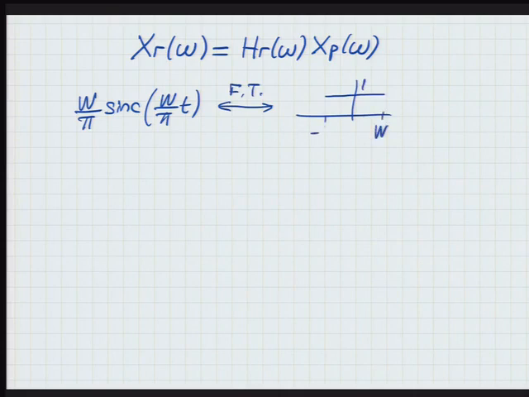W. That's from our discussion of ideal low-pass filters. If W is pi, W by pi goes away, so you have sinc of t giving you a nice box. Therefore, using this fact, H_R of omega is what?